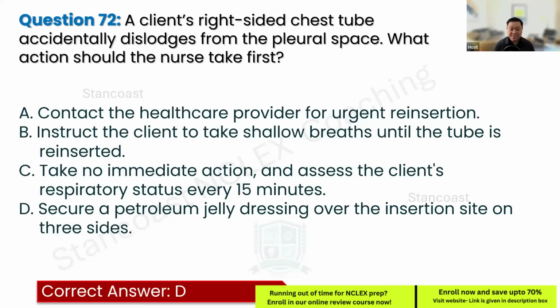And for letter B, this is also incorrect. The client should maintain normal breathing, as we know that shallow breathing does not mitigate air entry. And for letter C, immediate intervention is required to avoid a serious complication, not just monitoring.